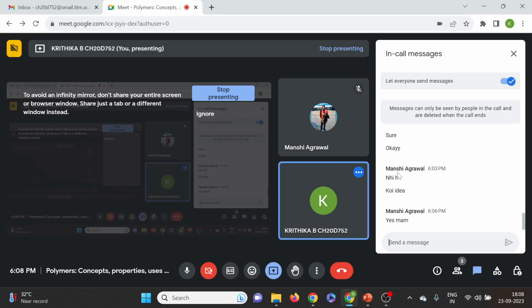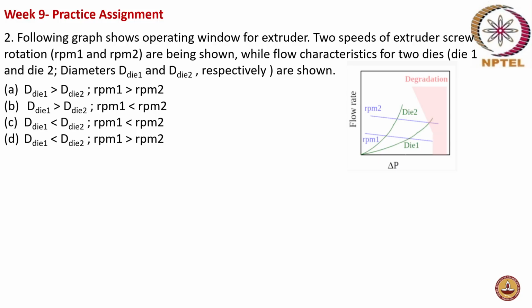Any idea? You have the flow rate versus pressure drop. So how do you find which has a higher diameter and which RPM is higher? Is one higher or two higher, and is the diameter of one greater or two greater? How do you find out?